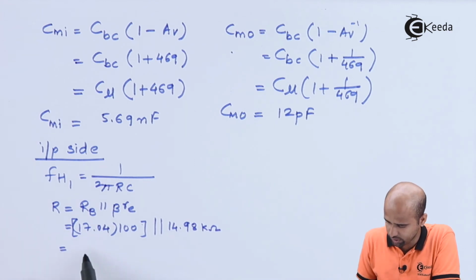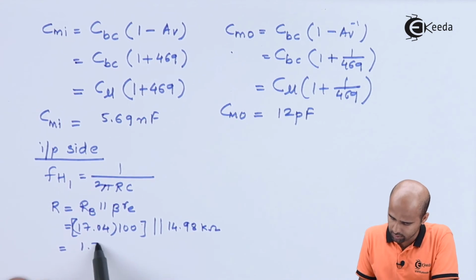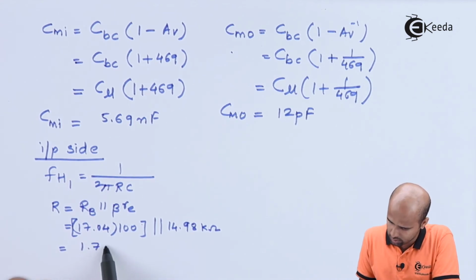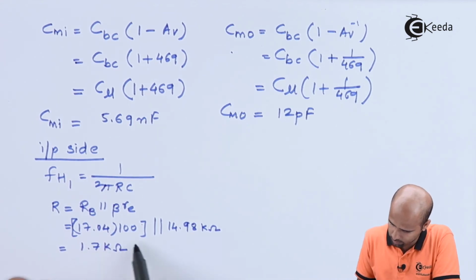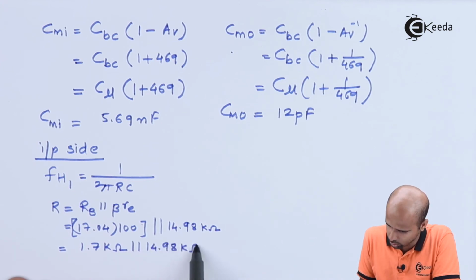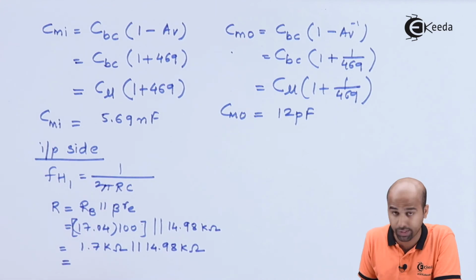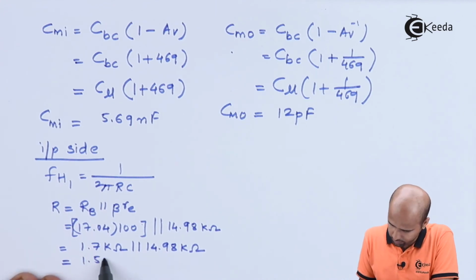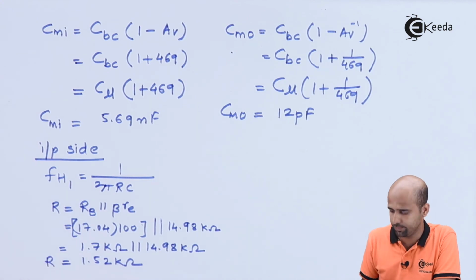This comes out to be 1.7 kilo ohm in parallel with 14.98 kilo ohm. Value is 1.52 kilo ohm. This is the value of R.